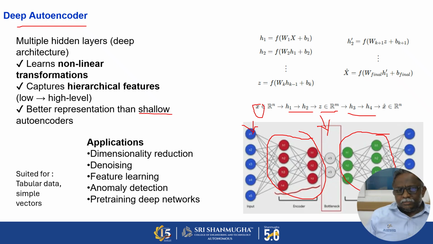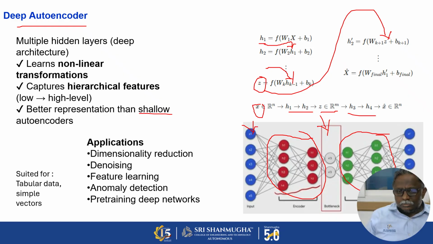As we see, the output of the first hidden layer goes into the second hidden layer, and again similarly it goes on here also. So this is basically our latent space representation. This latent space representation then goes into the decoder part.